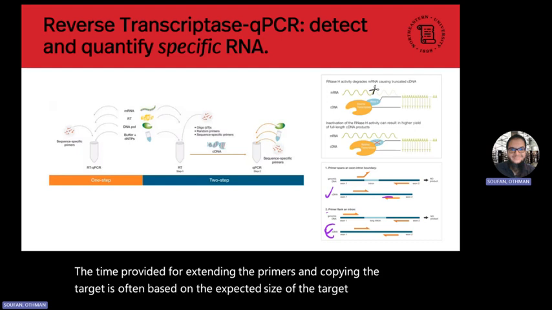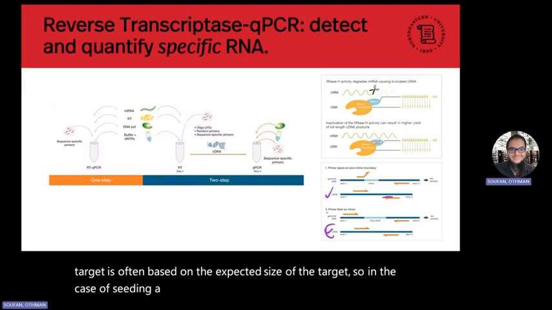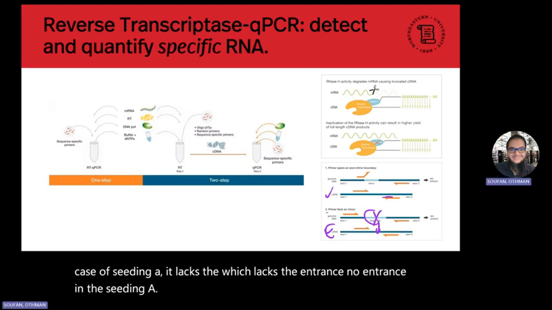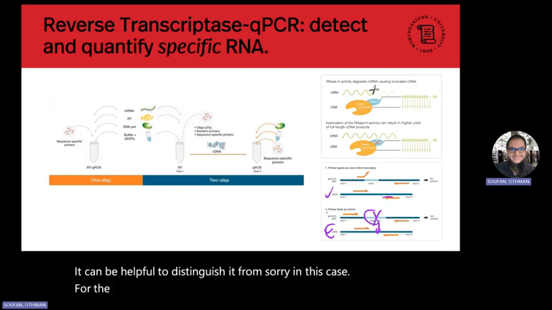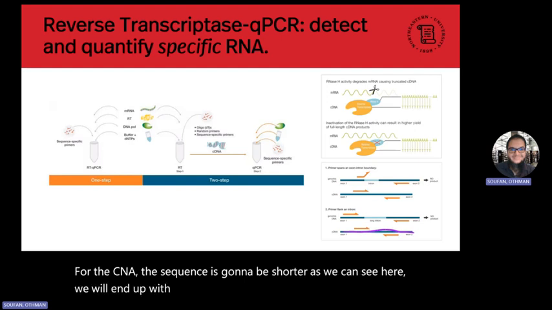In the case of cDNA, there are no introns, so the sequence is going to be shorter, as we can see. We will end up with a shorter sequence.